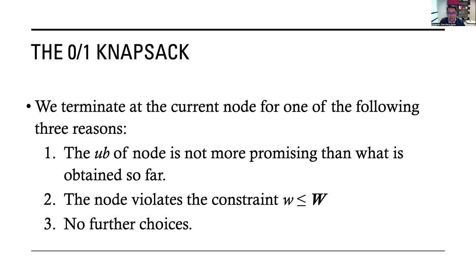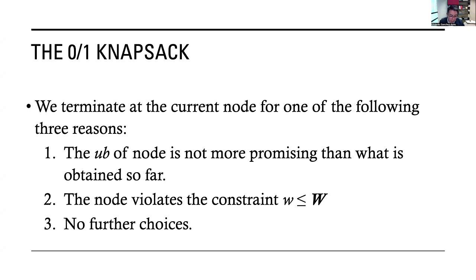So if at any moment I consider adding an item and the sum of the weights of the items inside the backpack is bigger than capital W, then it violates the constraint, it is no longer a feasible solution. So we just forget about that.